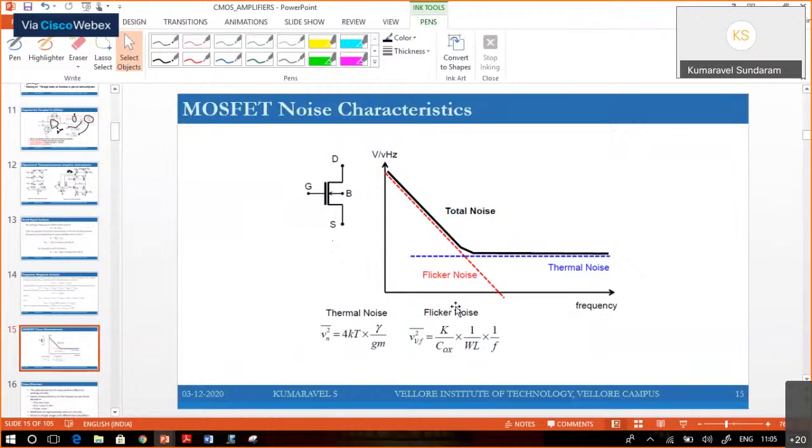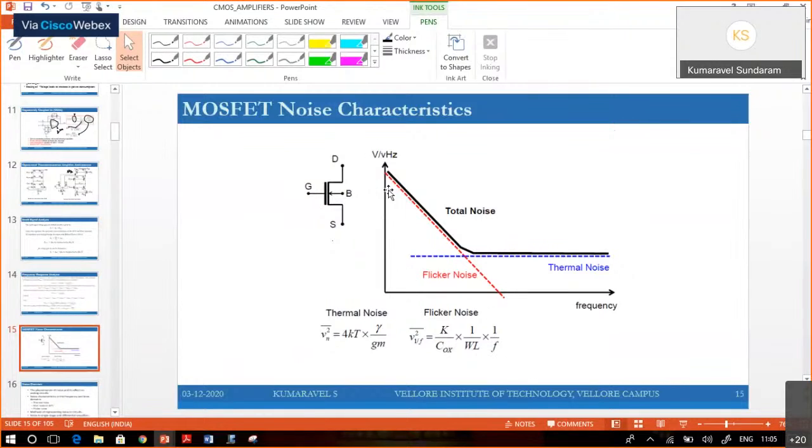The thermal noise is given as 4kTγ by gm in terms of voltage. Flicker noise is given by K by Cox into WL into 1 by f.